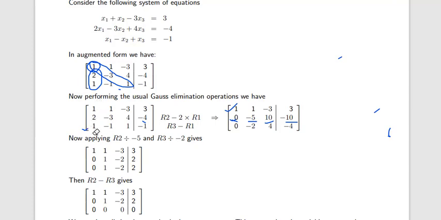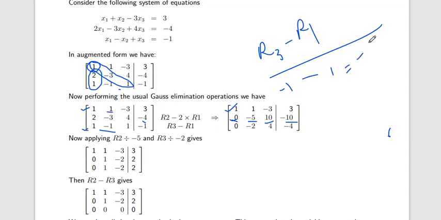So how did we do that? Let's take r3 minus r1 only. Here we don't need to multiply, because 1 minus 1 is 0, so the only operation is r3 minus r1. Let's do this operation. Second, minus 1 minus 1, so we will get minus 2.